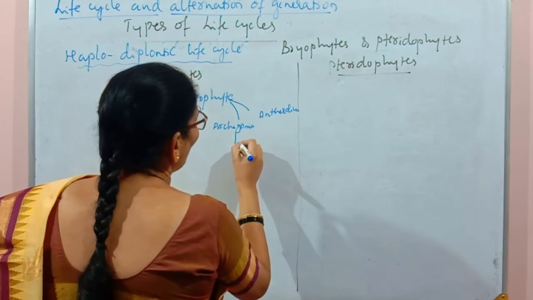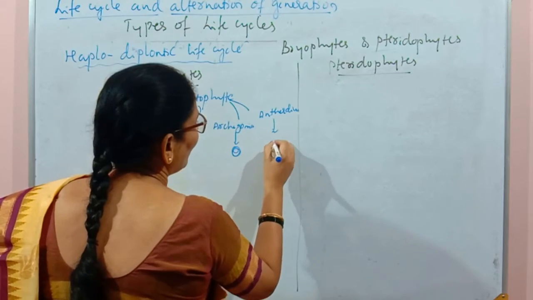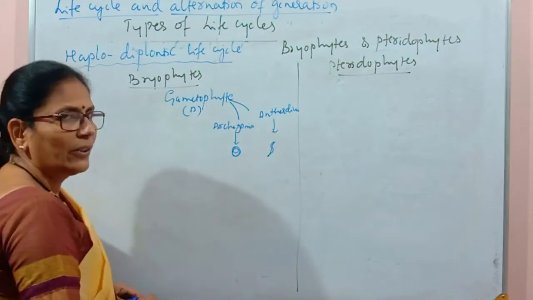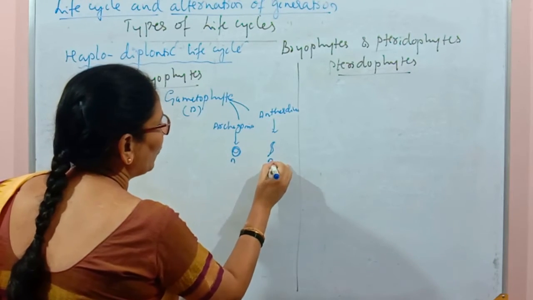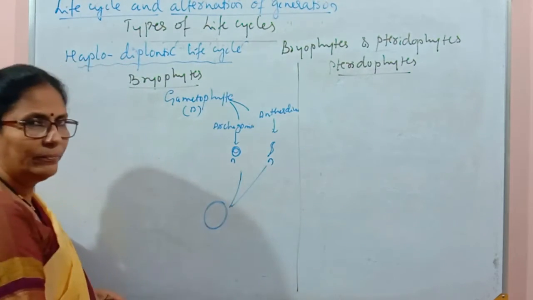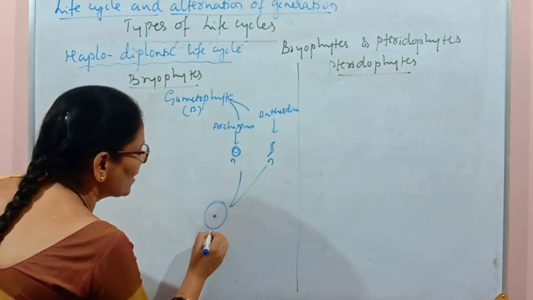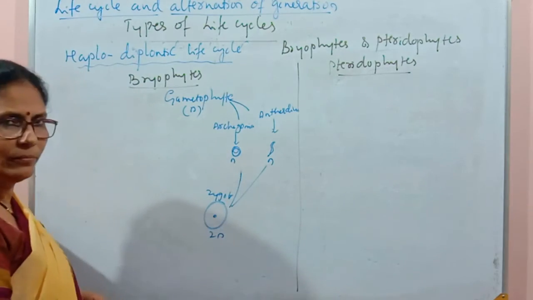Archegonia produce the egg, whereas antheridium produce the antherozoids. These two are haploid. When these two fuse, the zygote is formed. The zygote is diploid, a single cell.